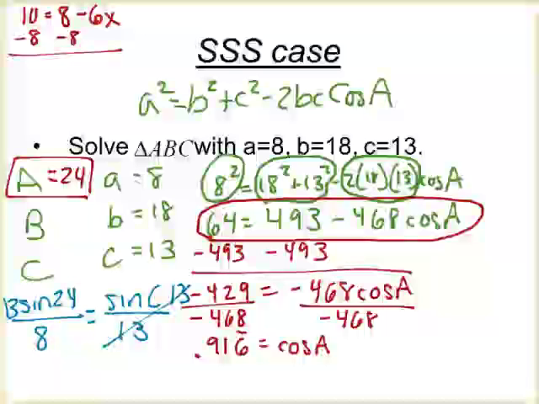And on the calculator, 13 sine of 24, and again, make sure we close those parentheses, divided by 8, gives us about 0.66. And second sine of that answer gives us about 41.